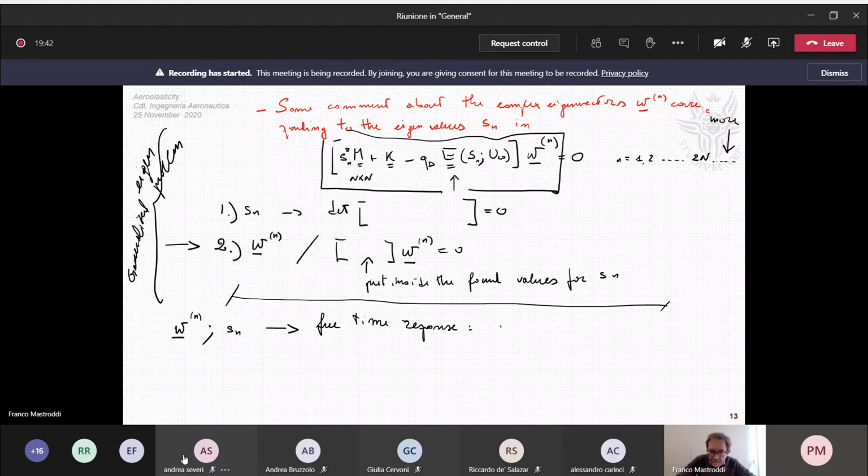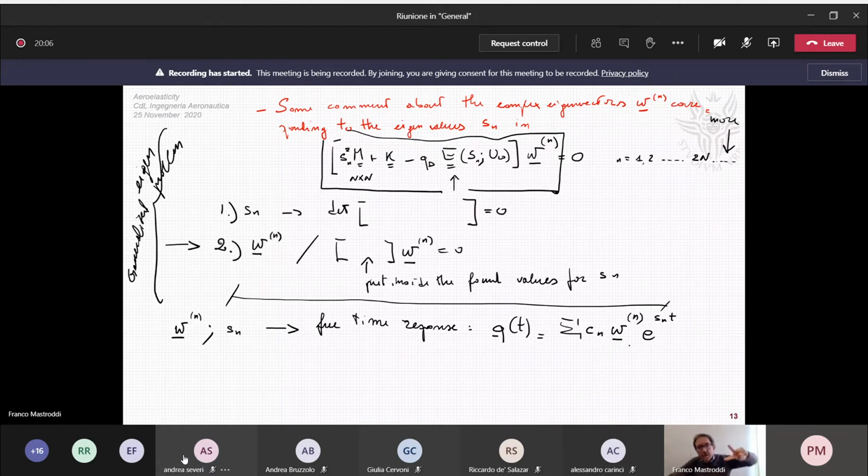We have Q as a function of time equal to a combination of constants multiplied by the found eigenvector by e to the power SnT, and we have to sum all these contributions.